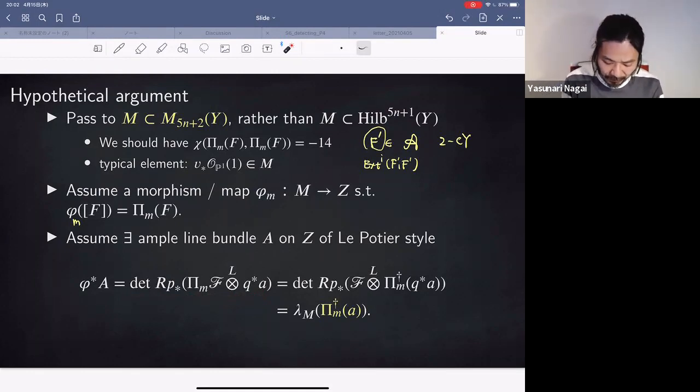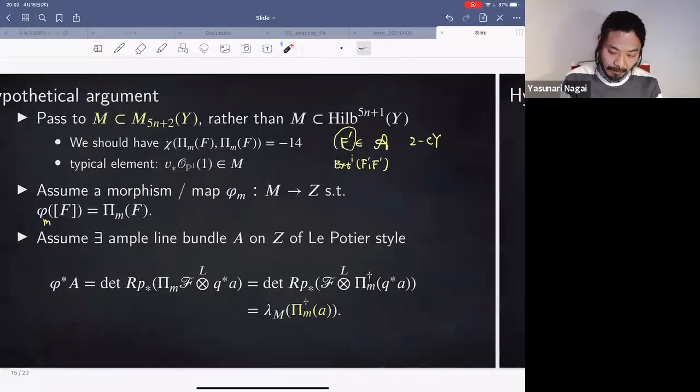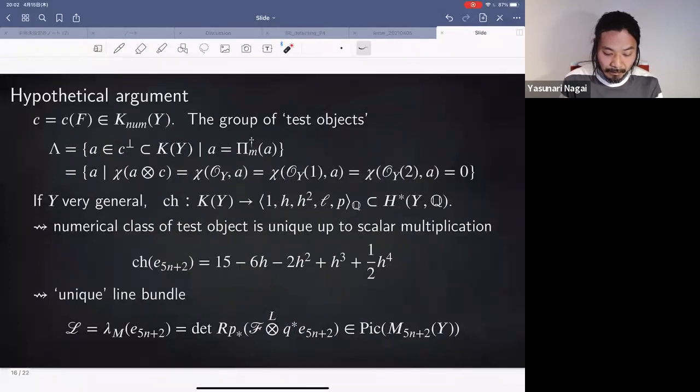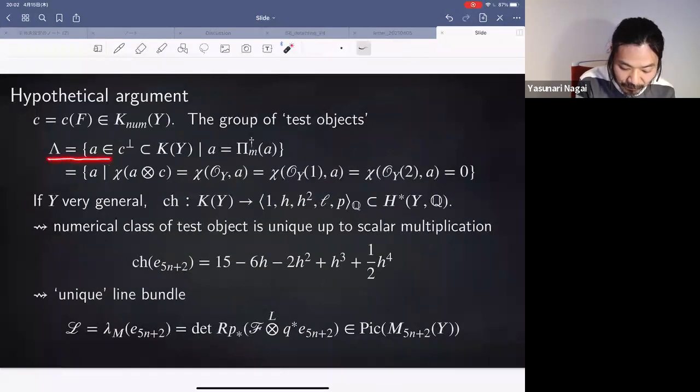Then, by what we looked at in the previous slide, we can move this projection functor to the other side. Then this is just something given by the Lupotier map, namely the value of the Lupotier map of this projected test object. And so we are interested in this subgroup of the Grothendieck group.